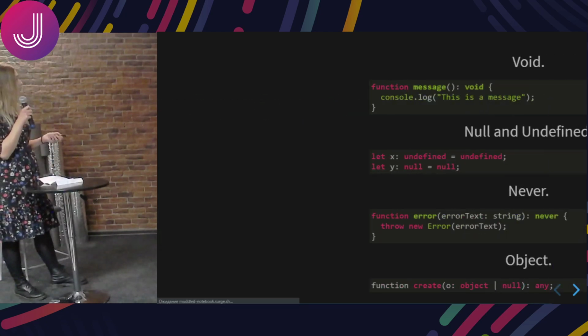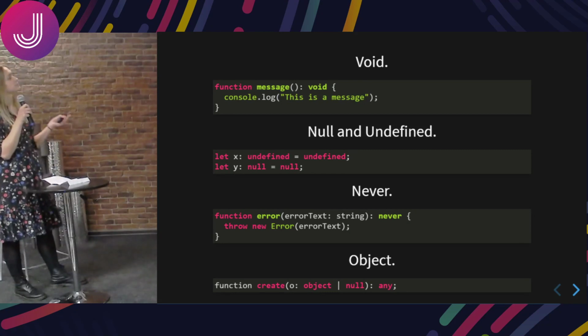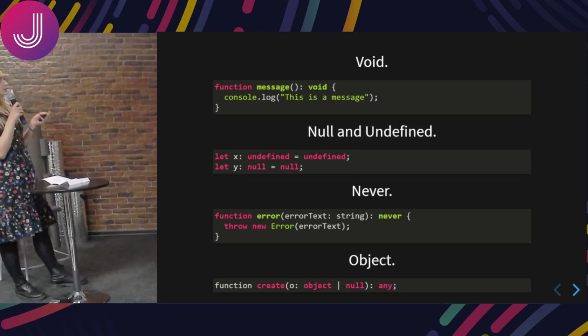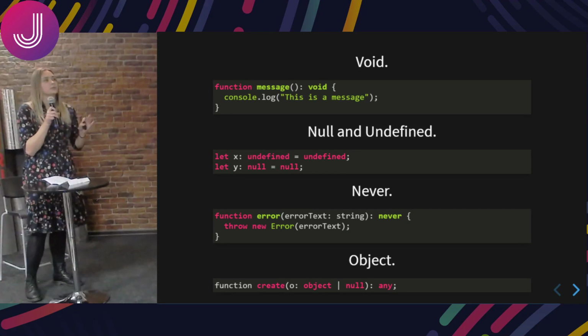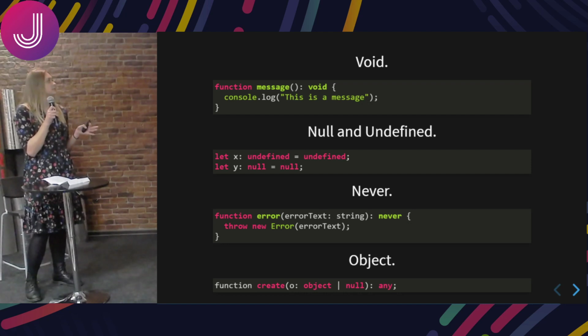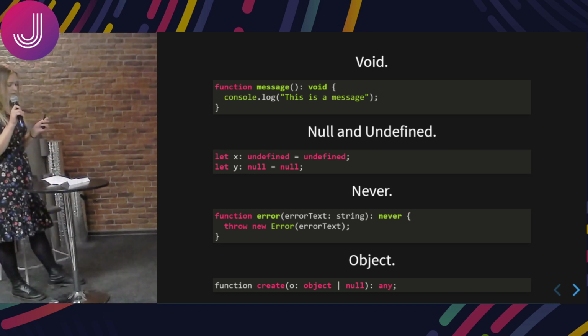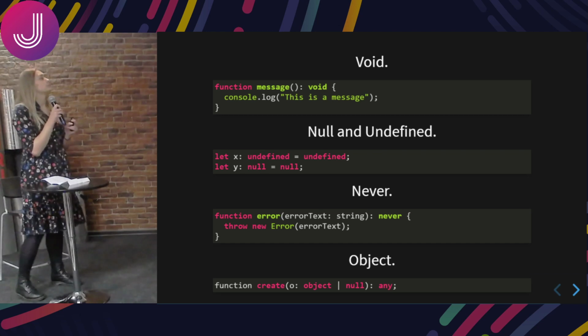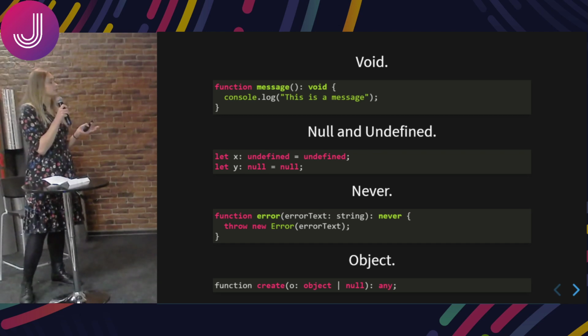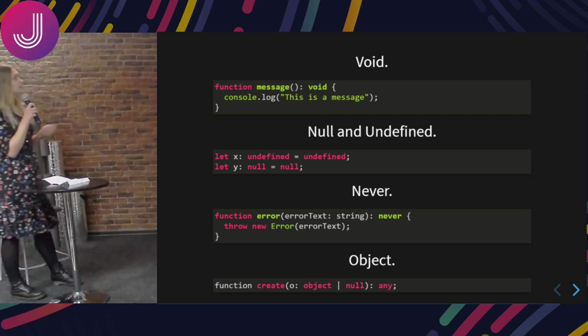So next, several types. For example, void. Void is like an opposite of any. It means the absence of any type at all. For example, we can use it as the return type of a function where no value will be returned.